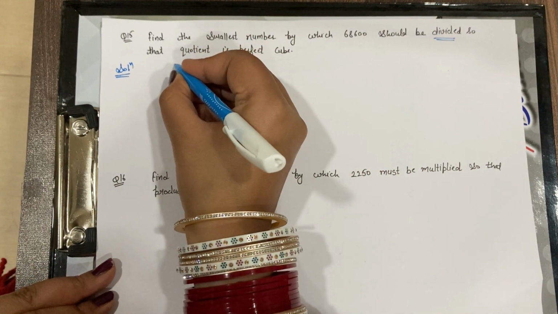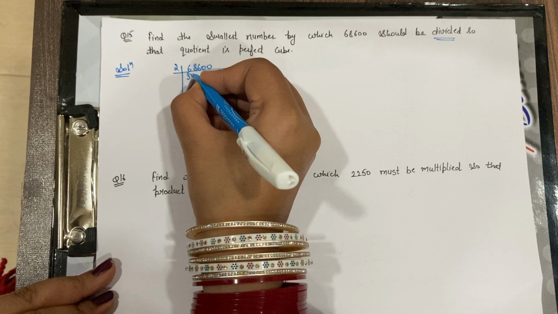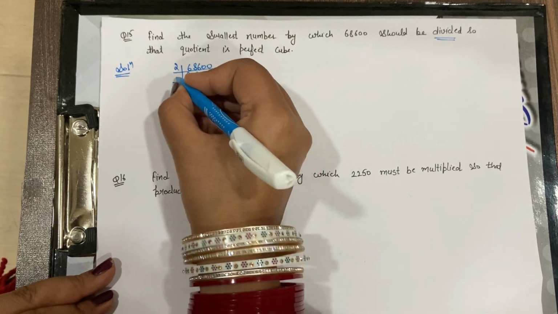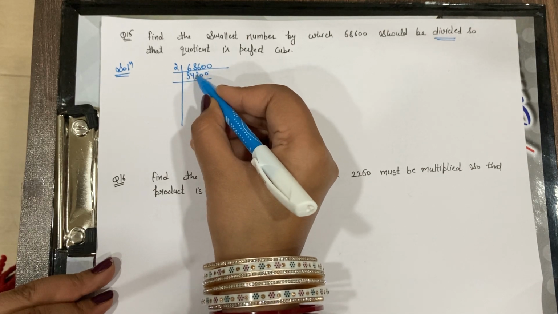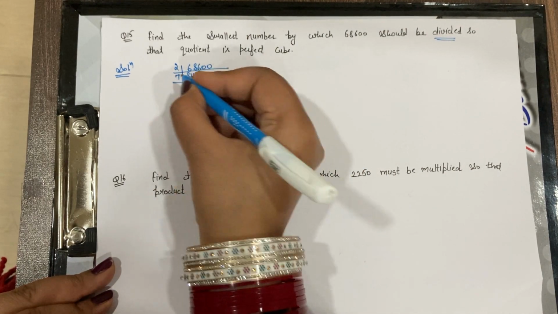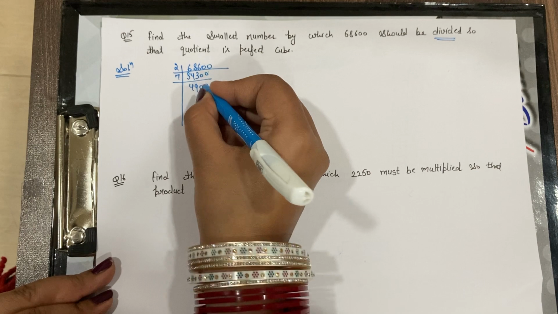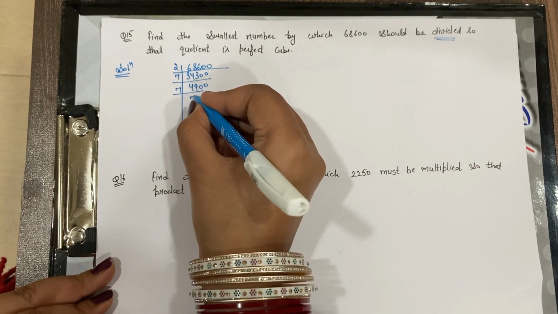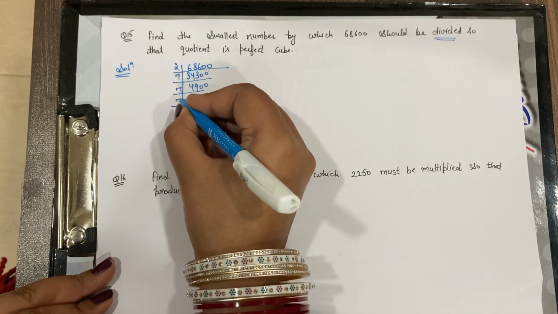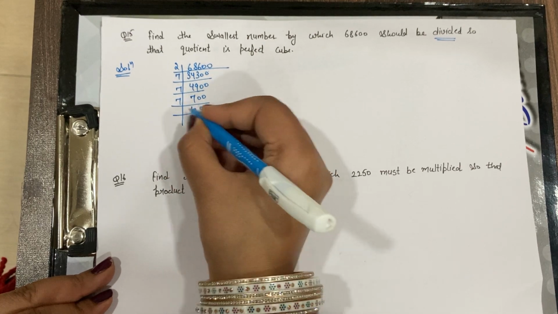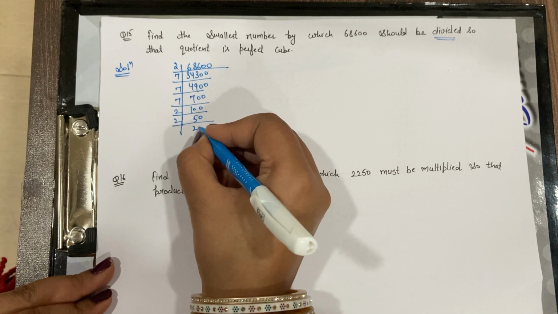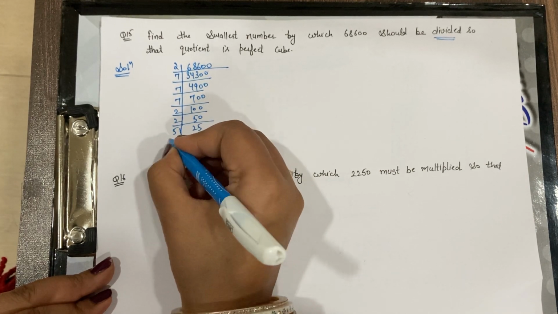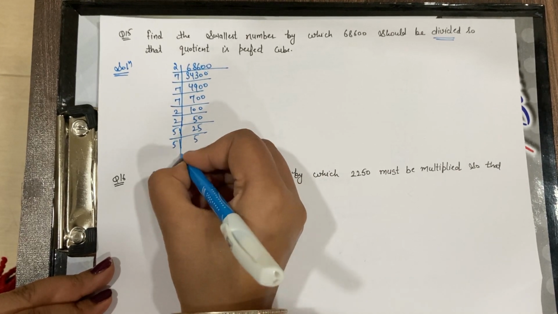First of all, start dividing it. Otherwise it is clear that it is divisible by 7 from the table of 7, so I'm trying it with 7. It makes my question easier. Now on the table of 2, again on the table of 2, then 25, 5, 5, 5.